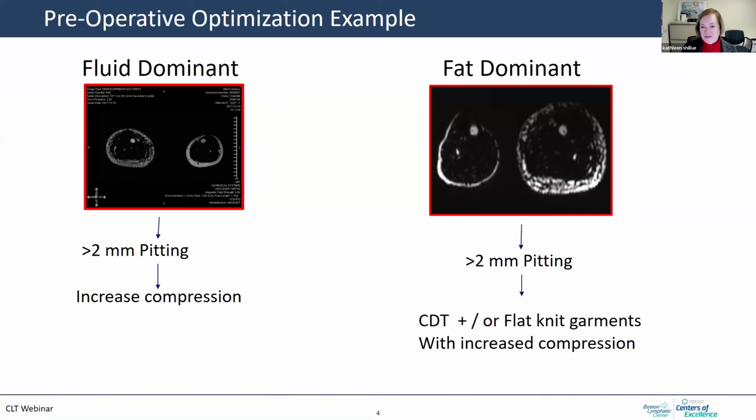And if somebody is determined to be fat dominant, meaning they have a lot of fat hypertrophy as the main component, but they may also have some edema as well, more than the 2 millimeters of pitting edema on exam, and the MRI shows that they have a moderate amount of fluid on board as well as the fat hypertrophy, knowing that we're going to have patients as part of our post-op protocol wear flat knit garments, and in the lower extremity they wear a significant amount of compression, 2 layers of compression garments in flat knit day and night, we might go ahead and order a set of flat knit garments for them to wear preoperatively in hopes of getting more containment of the edema before they proceed into their surgical debulking.